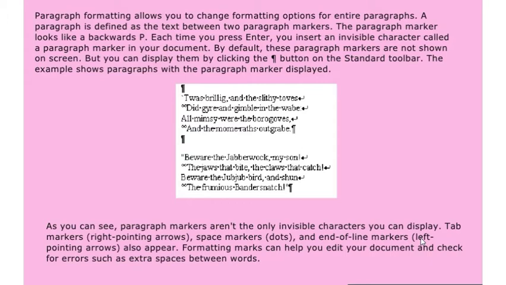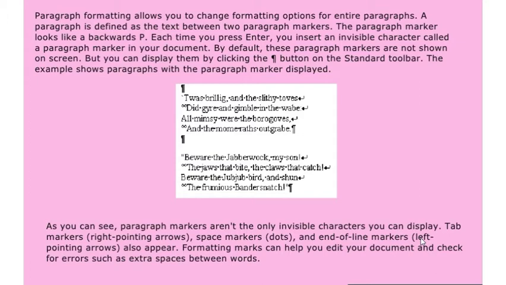A paragraph is defined as the text between two paragraph markers. The paragraph marker looks like a backward P. Each time you press Enter, you insert an invisible character called a paragraph marker in your document.